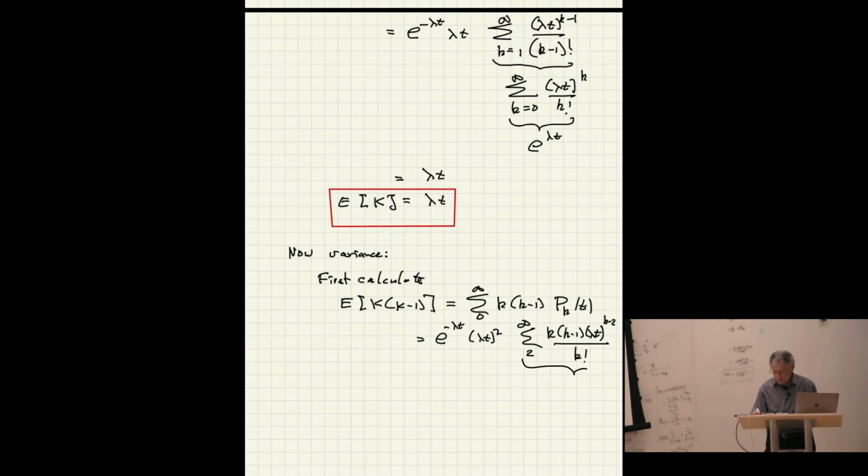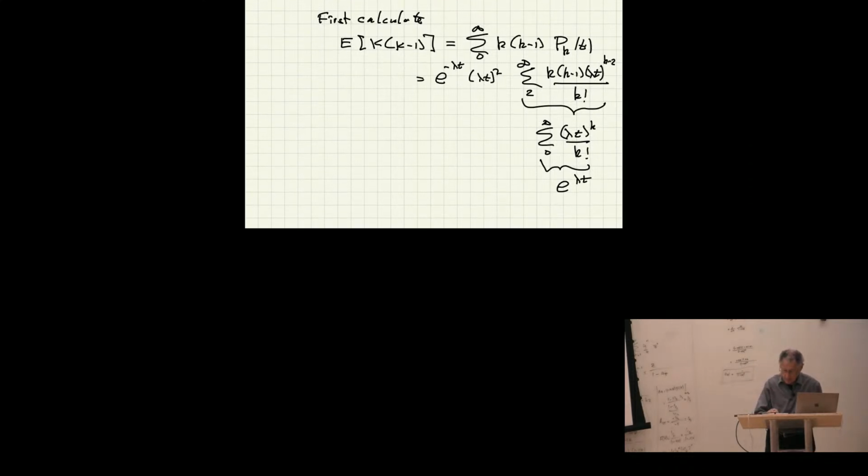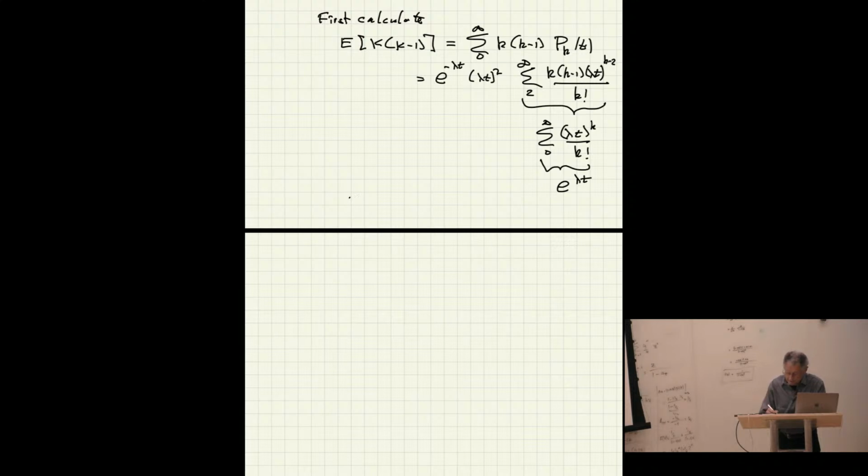But what is this? k minus 1 times k over k factorial gives me k minus 2 factorial. So I get lambda t to the k minus 2 over k minus 2 factorial from 2. So that whole thing is a summation, once again, of lambda t to the k over k factorial from 0 to infinity, which we know is e to the lambda t. Therefore, this expected value of k times k minus 1 is just lambda t squared.